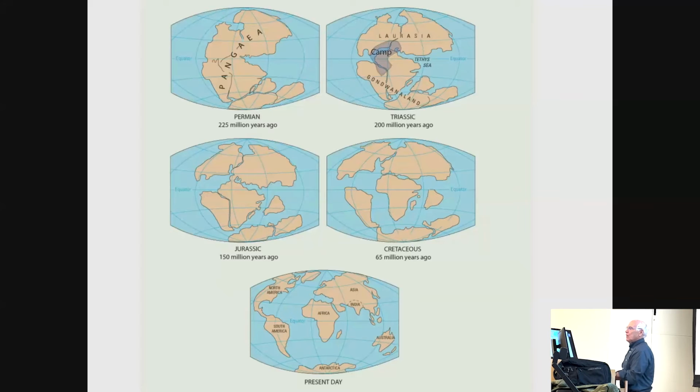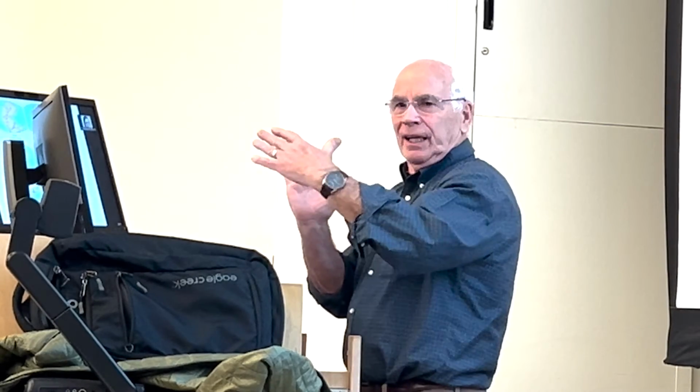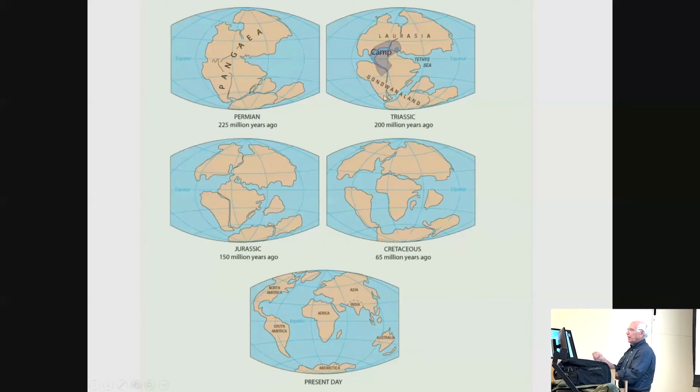At the end of the Permian, we had all the continents assembled into a supercontinent called Pangea. And then starting about 190 million years ago, we had the Atlantic Ocean starting to form. And that rifting then resulted in massive outpourings of lava that we call the CAMP volcanics.